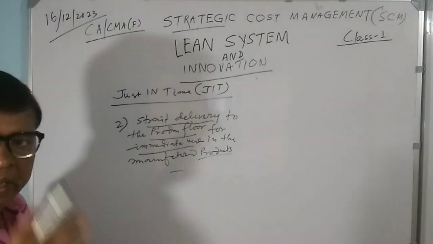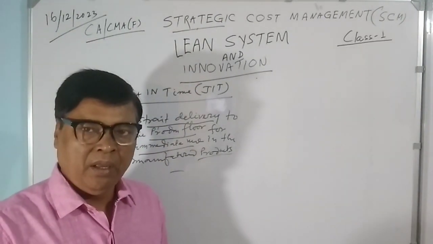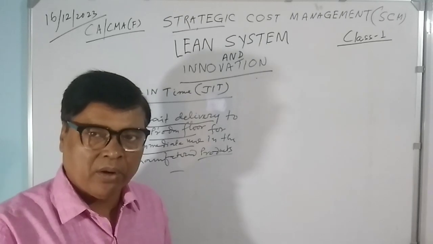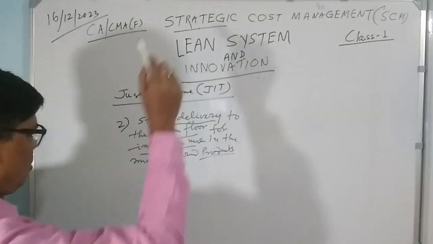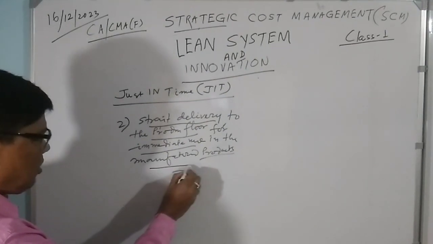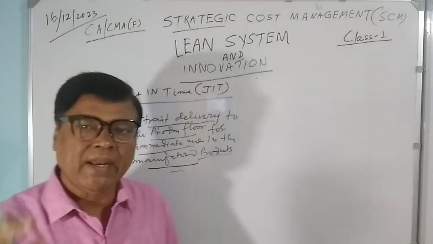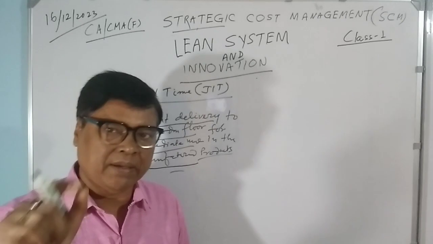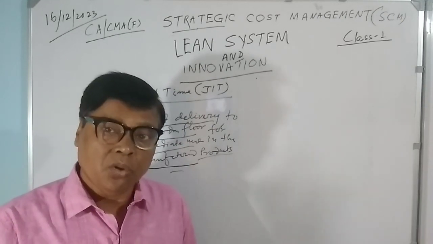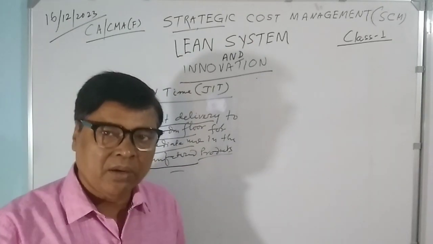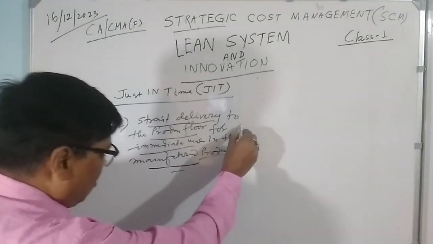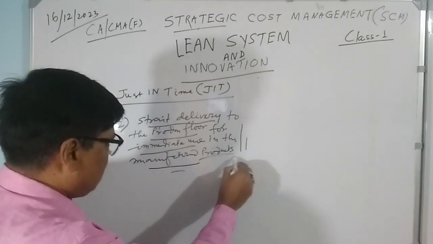You see that in between, no storing, no unloading, no recording like that. Straightaway it will come to your production floor for immediate use in manufacturing. That means no delay. That is the main thing. Time factor is very important. So it will go in a very smooth, systematic way, so that no time gap, no wastage, no lag, nothing.